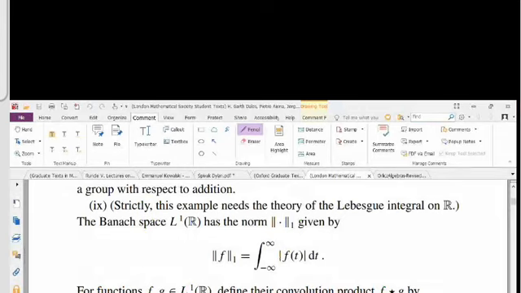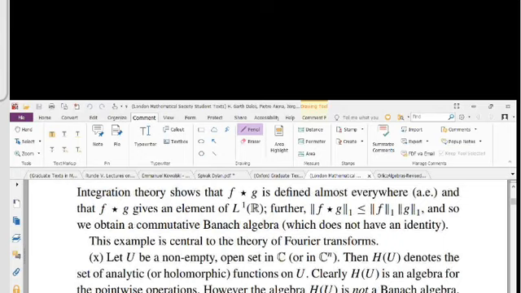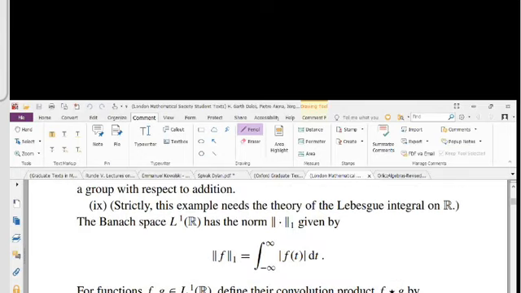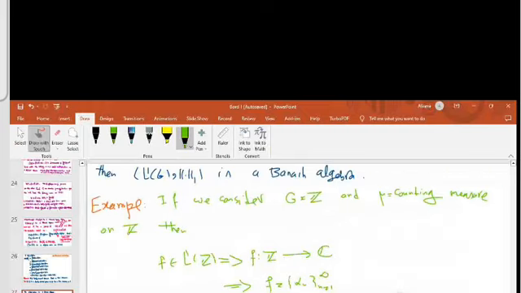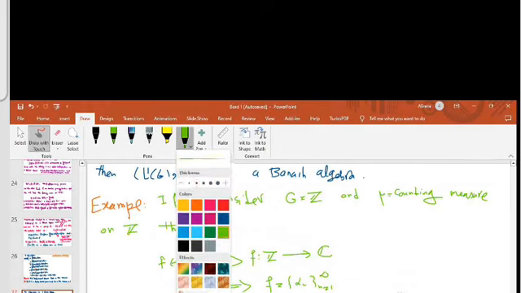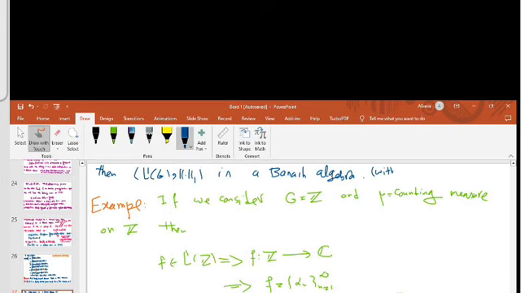This is the same convolution product. So L1 of R with this multiplication and L1 norm is the Banach algebra again. All of these examples are corollaries of our main example that we see and write in this line. L1 of T with convolution, and this norm, is a Banach algebra with convolution product.